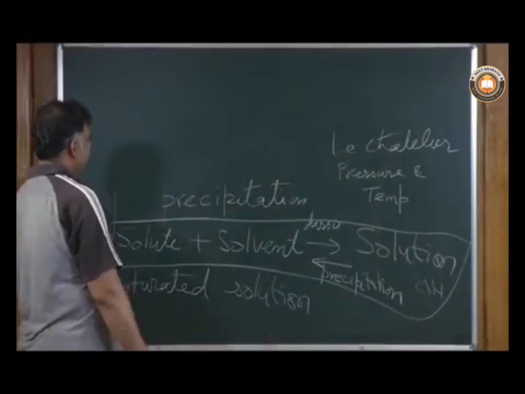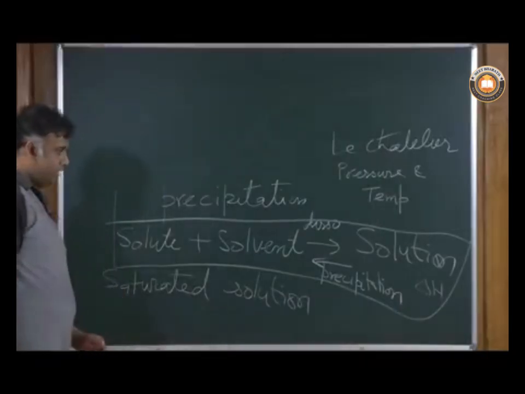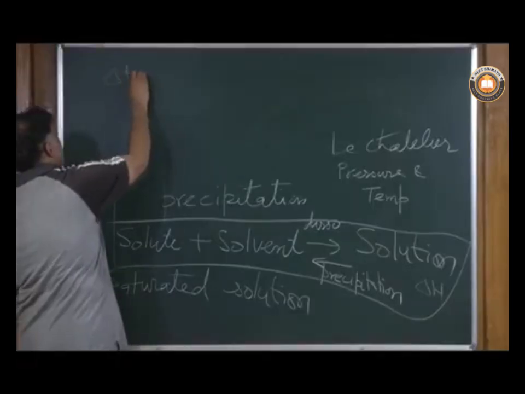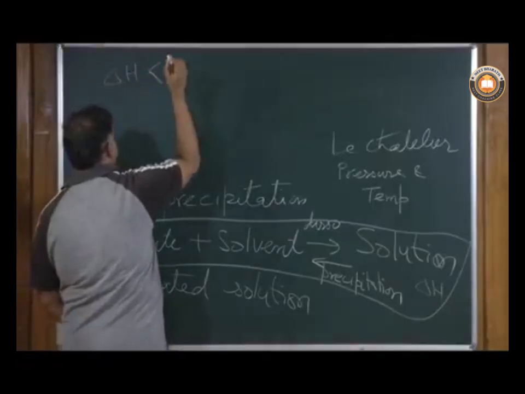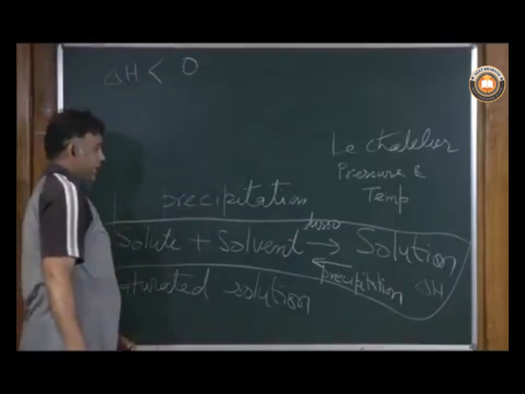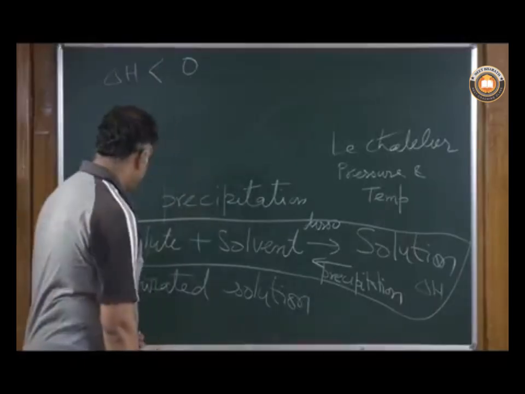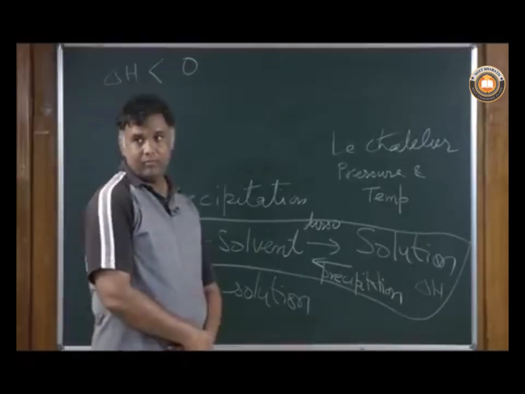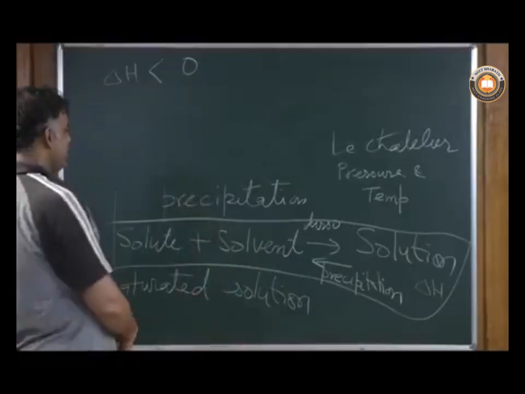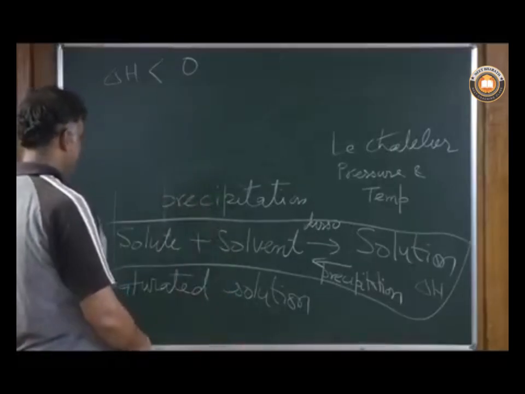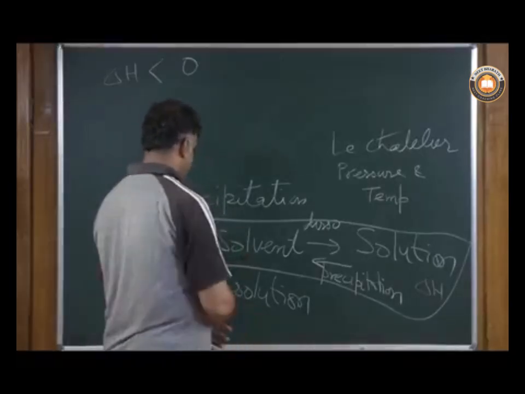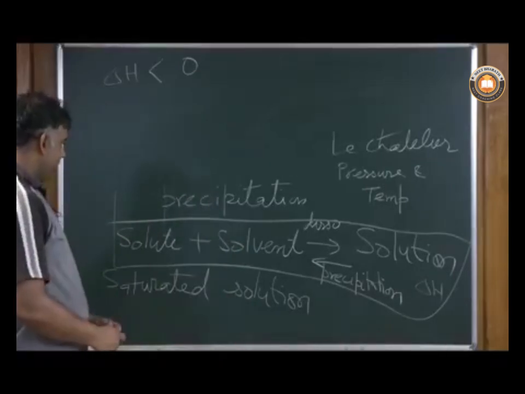If this reaction is exothermic, that is delta H is negative, that means as the reaction goes forward, heat is liberated, we are getting energy. So, an increase in the temperature will take the reaction in a backward direction.